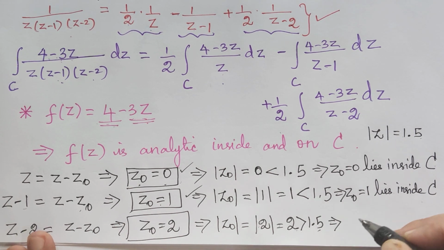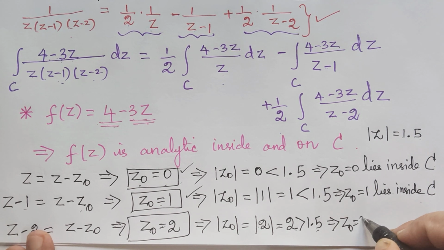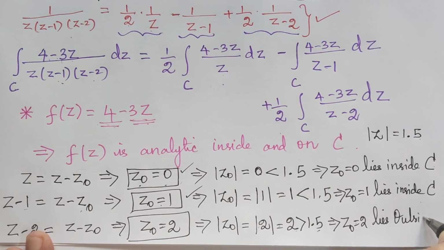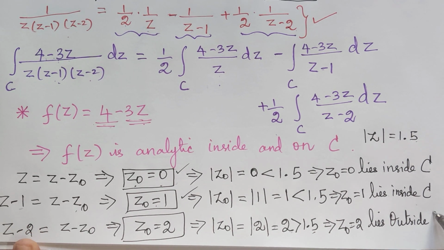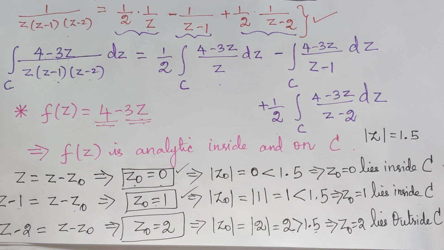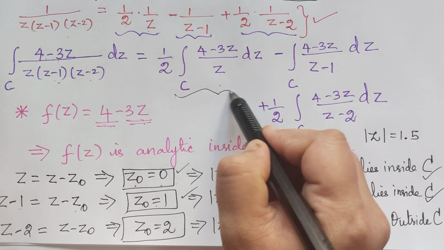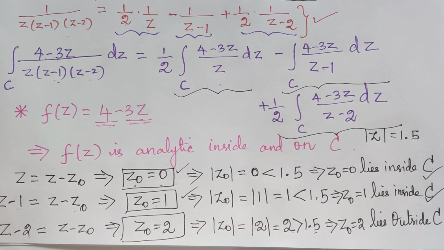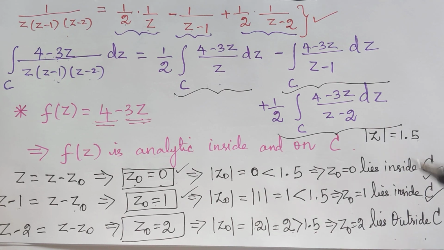Therefore, z naught equal to 2 lies outside the circle C. So for these two we can apply the Cauchy integral formula and evaluate those two integrals, whereas the third integral, since it lies outside C, will become 0.